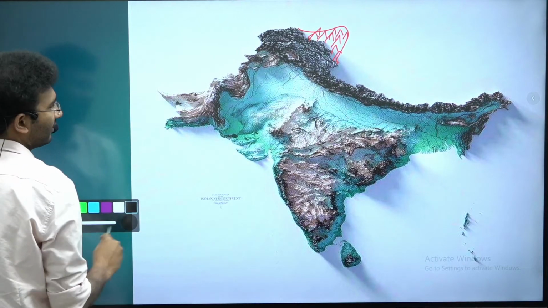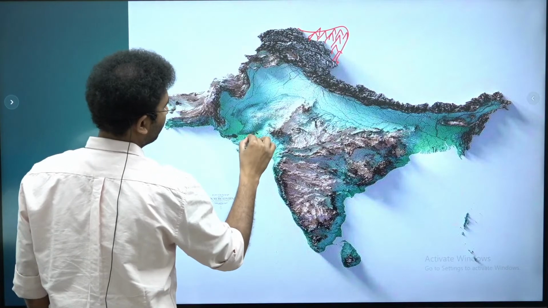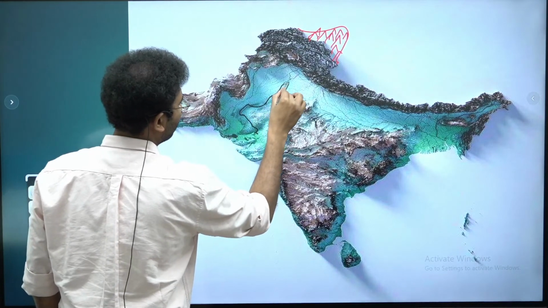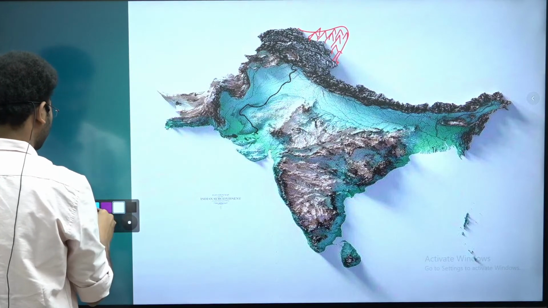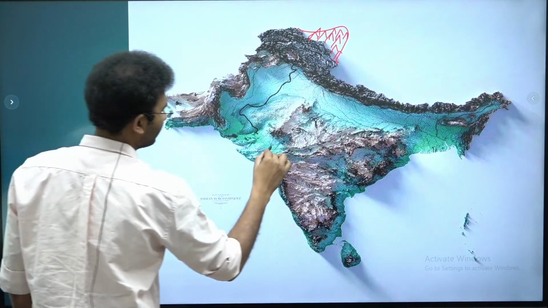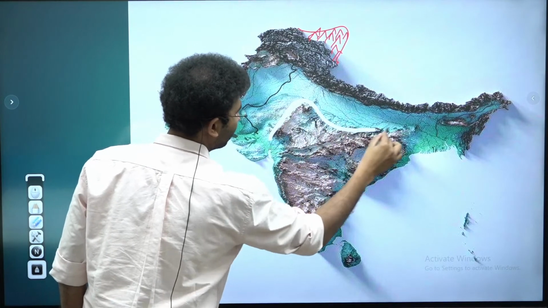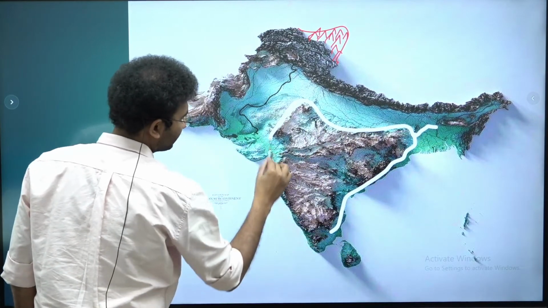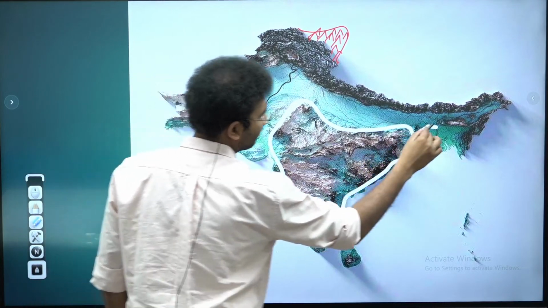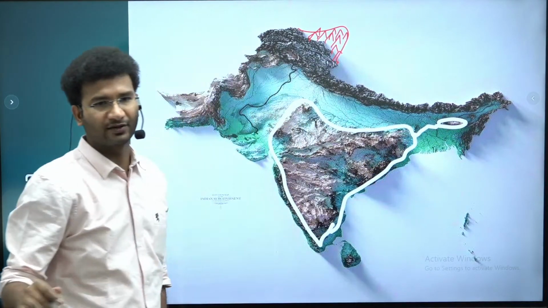You name them. So Chahat here says, sir, peninsular India. Now what is peninsular India? Peninsular India is nothing but this part, which consists of peninsular India and including this Meghalaya also.